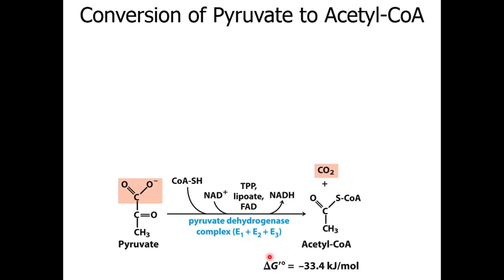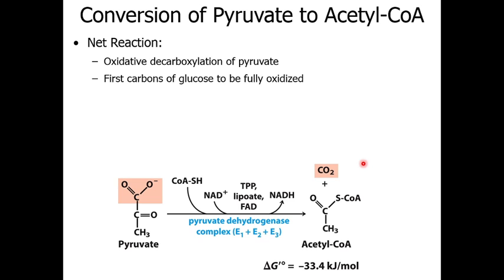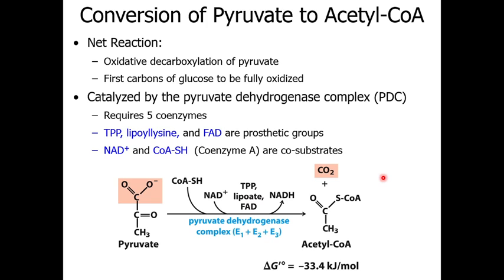As you can see, the delta G0 for this reaction is minus 33.4 kilojoules per mole, and a molecule of carbon dioxide is released. The net reaction is the oxidative decarboxylation of pyruvate. These are the first carbons of glucose to be fully oxidized and released as carbon dioxide. This is catalyzed by the pyruvate dehydrogenase complex, or PDC.